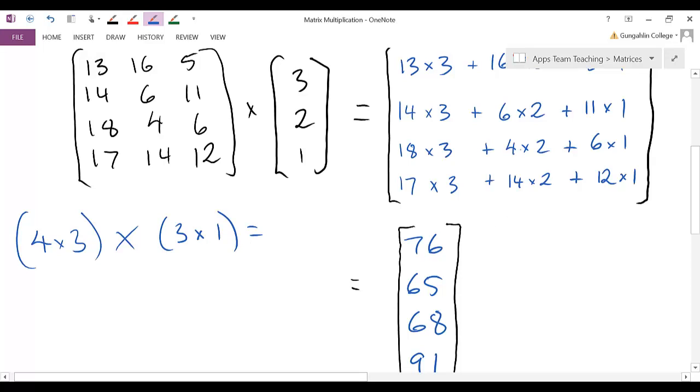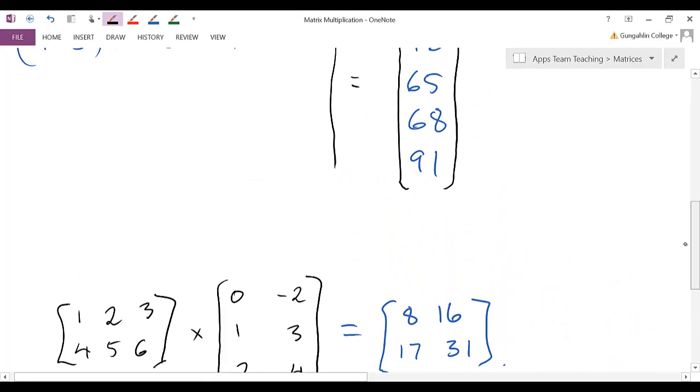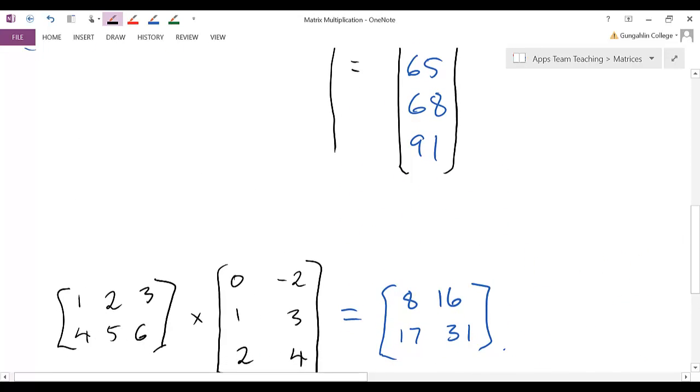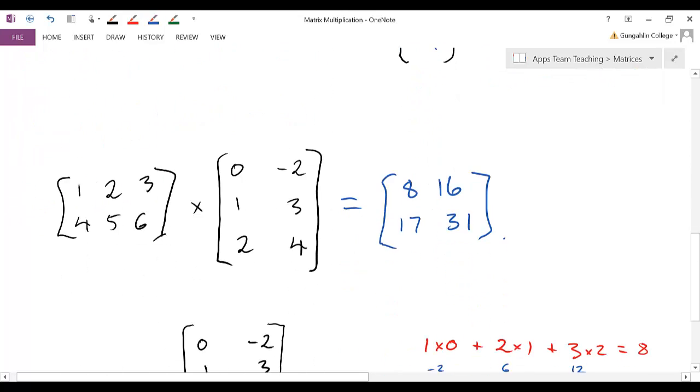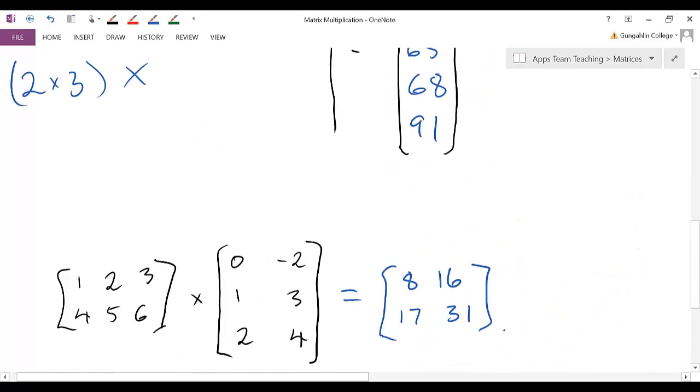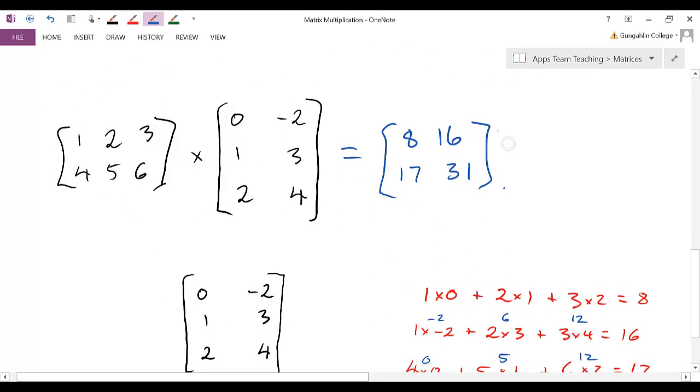And the result was a 4 row, 1 column matrix, or 4 by 1. Okay, I might just fence this off a little bit because I'm making a more general point. If we look at our second case, we had a 2 by 3 multiplied by a 3 by 2, and the result was a 2 by 2 matrix.